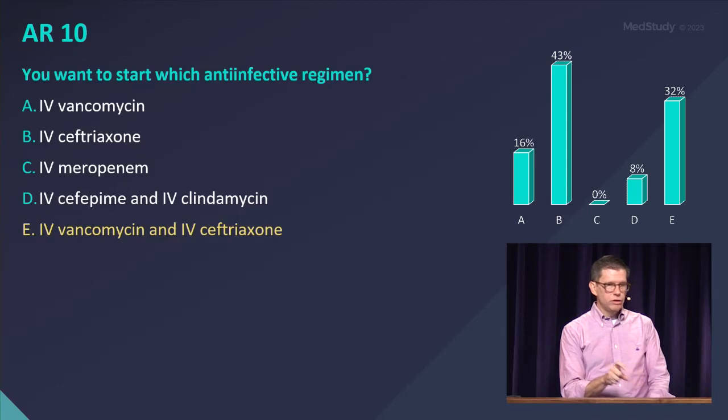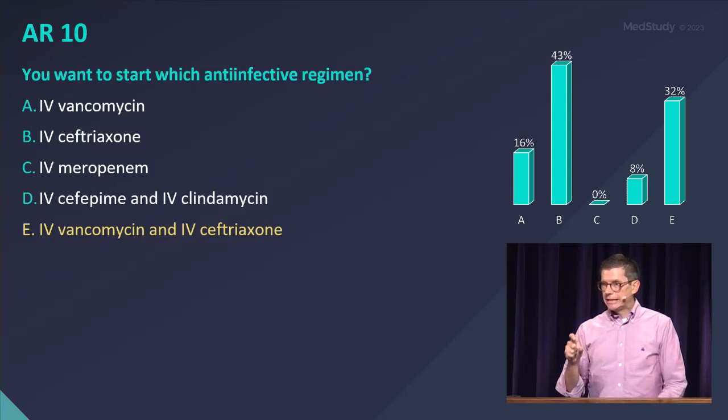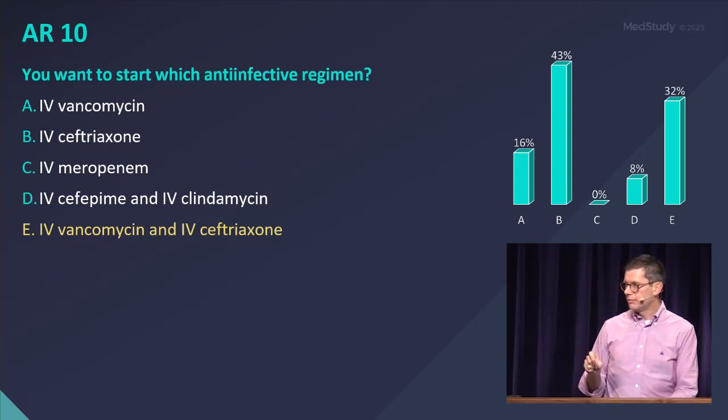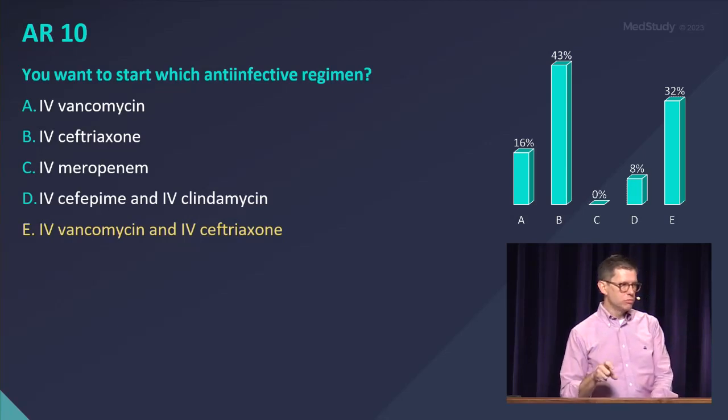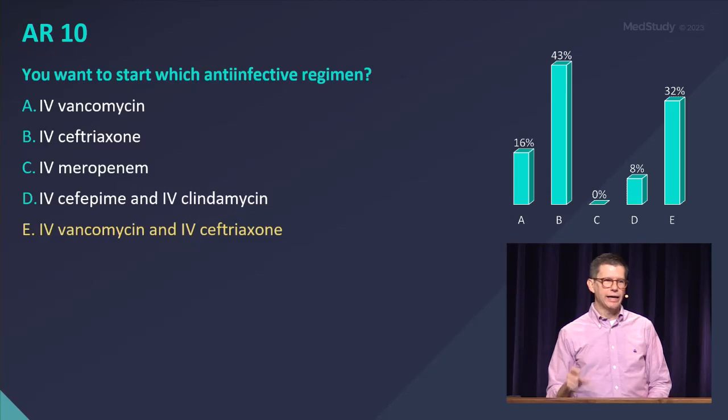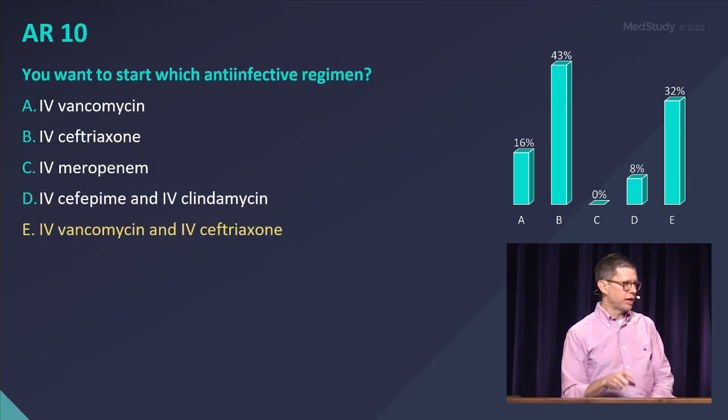The 43% of you who chose B, ceftriaxone is probably going to do the work. Chances are ceftriaxone is going to cross the blood-brain barrier better than vanc, and it's going to be more active against strep pneumo, so that's correct. However, there is a decent chance, depending on where you live, of strep pneumo being ceftriaxone resistant, and you're not going to know that empirically. When you have a kid with a CNS infection, you don't take that chance.